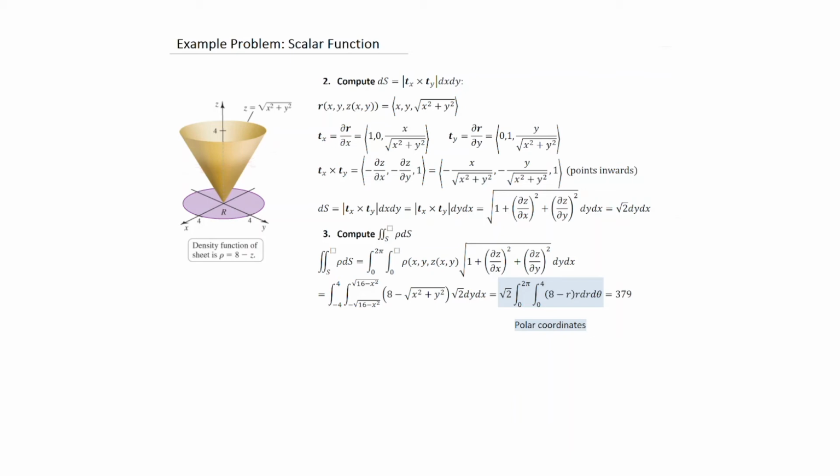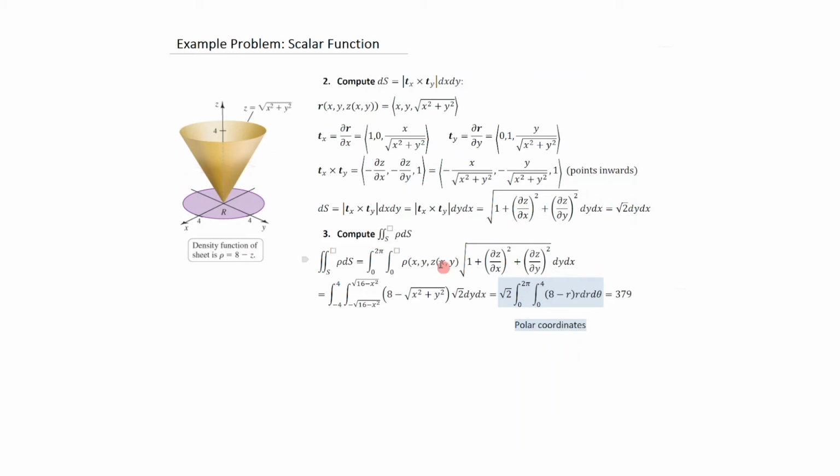And so we anticipated that the relationship between a differential surface area patch on the surface versus its corresponding point in the region below would just be a scalar factor. And in fact, that's been confirmed because we find it's just a factor of root 2. So the last step basically is to compute the total mass, which is to integrate rho dS over the surface of the cone.